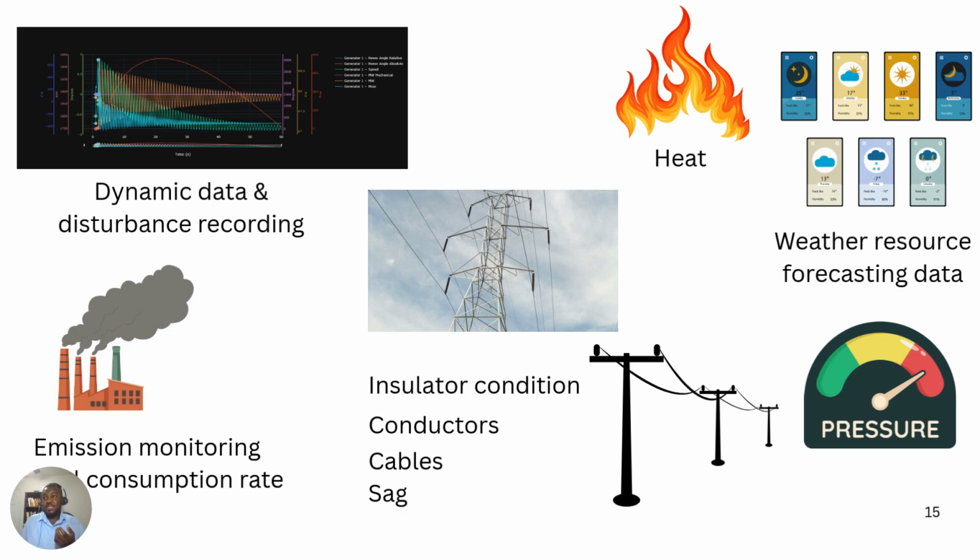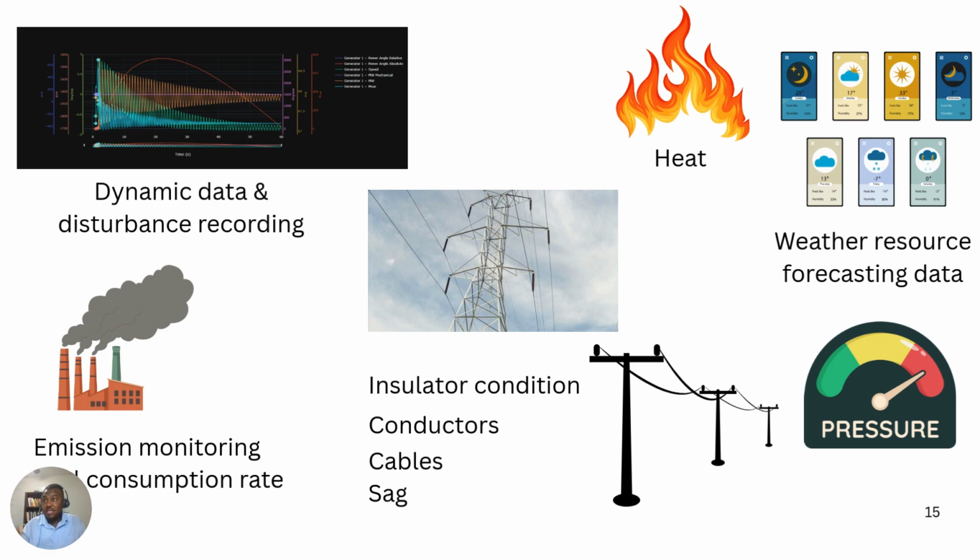When we look at the transmission lines, you have this huge infrastructure. You have insulators, you have the conductors, you have underground cables, and then how the transmission lines are sagging. So we need data on all of this. And then based on that data, we will be able to say, okay, is the sag okay or is the sag too much? Once you have current flow and temperature, these transmission lines will be heated.